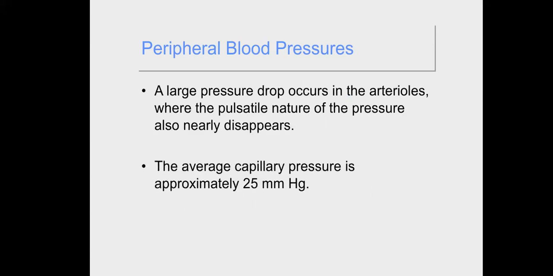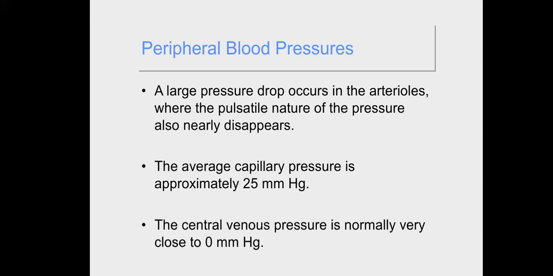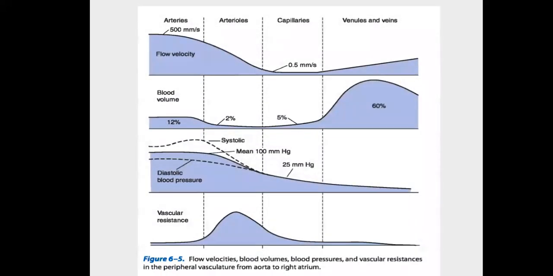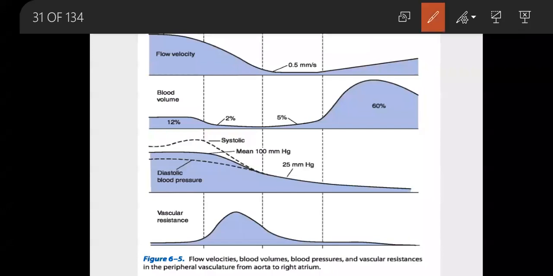The average capillary pressure is approximately 25 millimeters of mercury, and the central venous pressure is normally 0 millimeters of mercury. So you can look at the picture again. If you focus here, the difference between the systolic and the diastolic is increasing as we move from the heart.